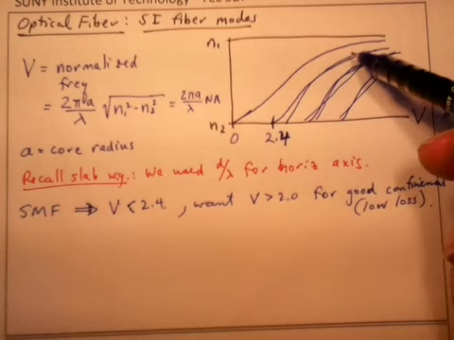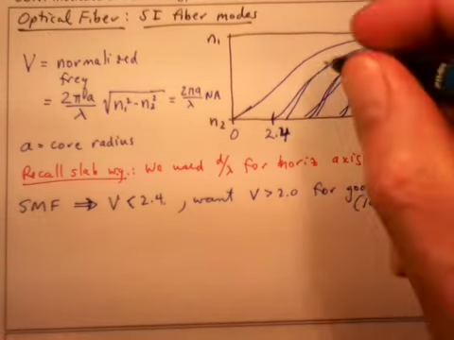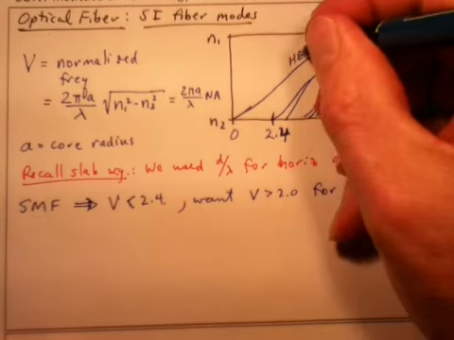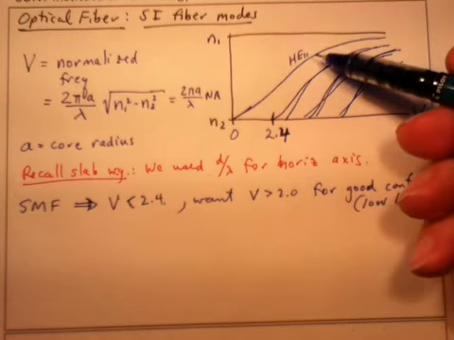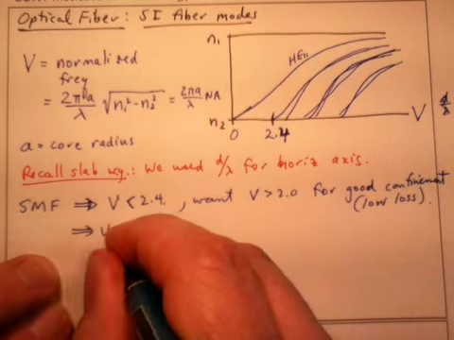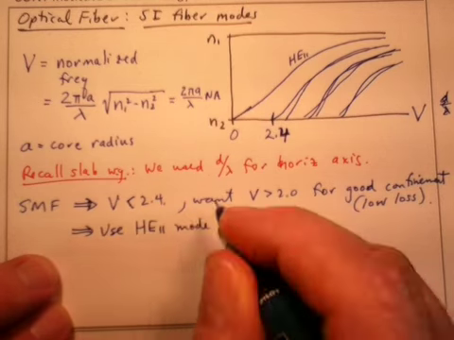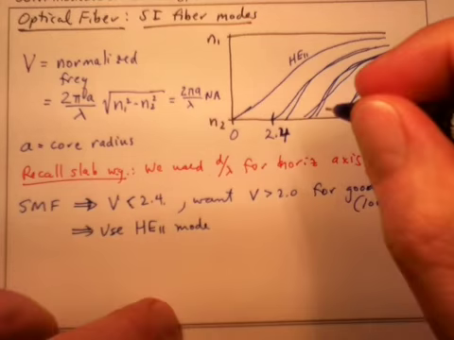Now, what are all these various modes? Well, these are labeled. Let me label a couple of these. This is called the HE11 mode. That is the lowest order mode, and that is the mode that we use for single mode behavior. There's a bunch of other modes.